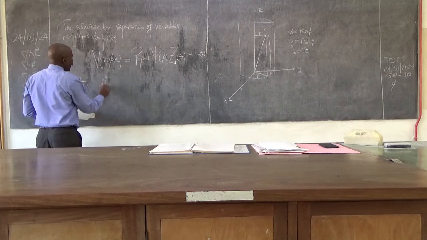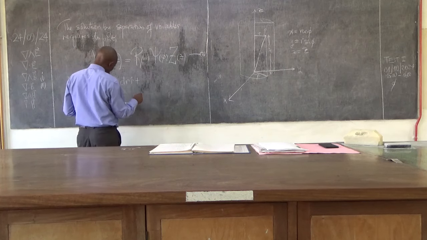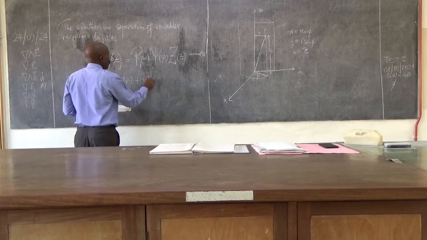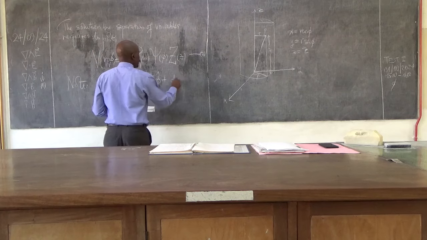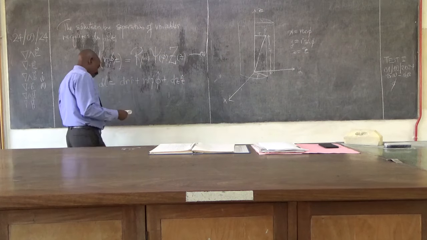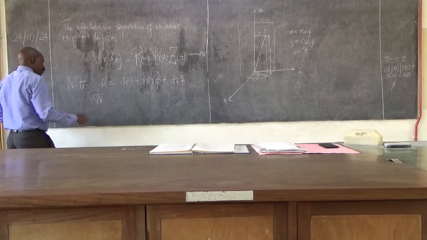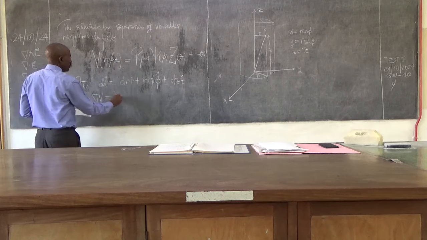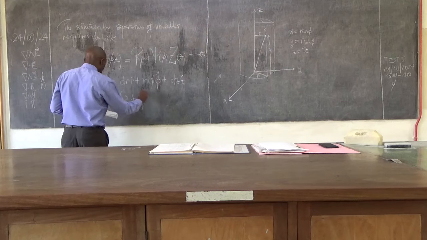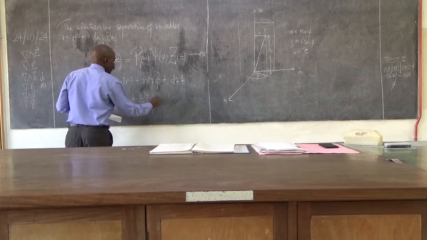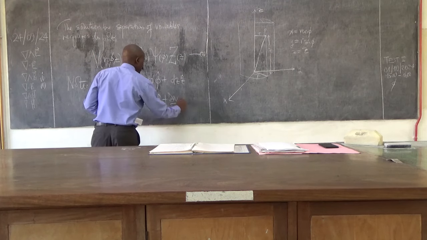Note that the del operator is the same as R along R plus R divided along phi plus Z along Z. And then the gradient of V would be ∂V/∂r plus 1 over r ∂V/∂phi plus ∂V/∂z.